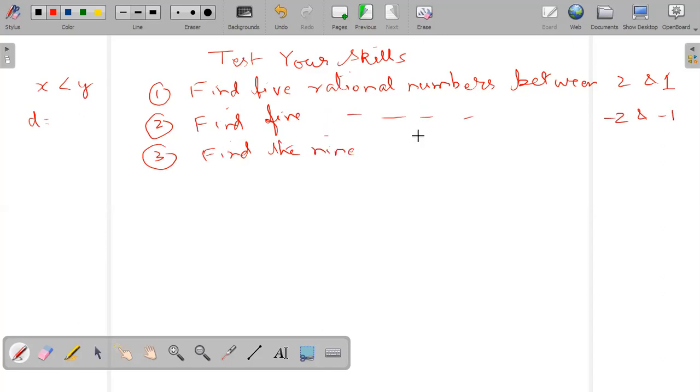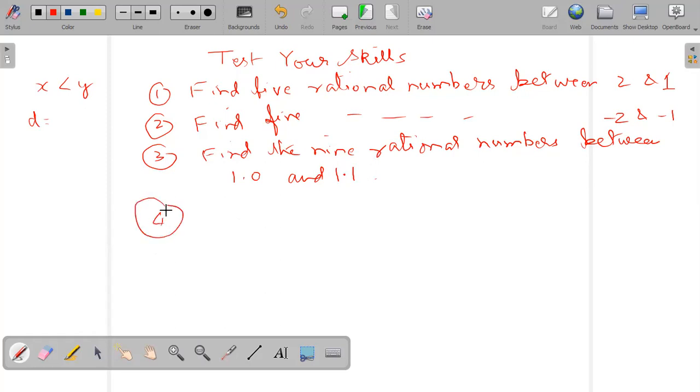So find 9 rational numbers between 1.0 and 1.1.